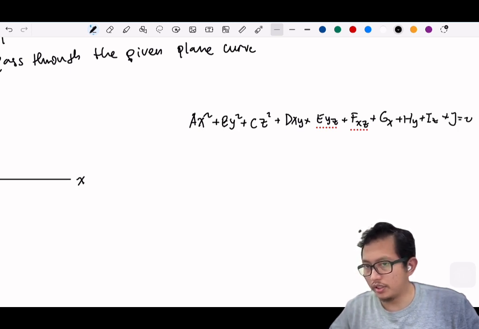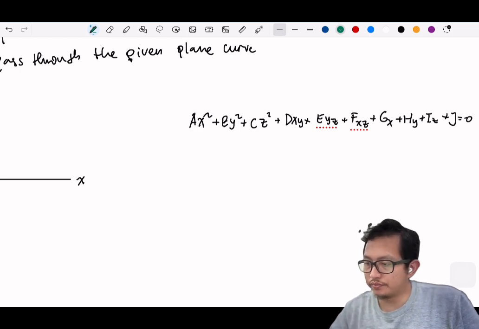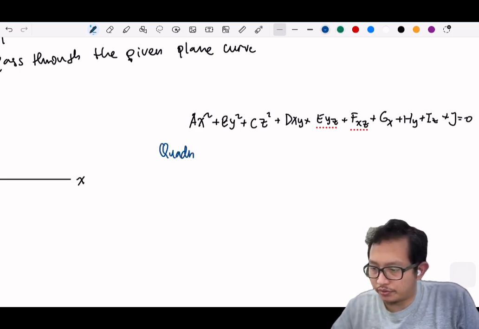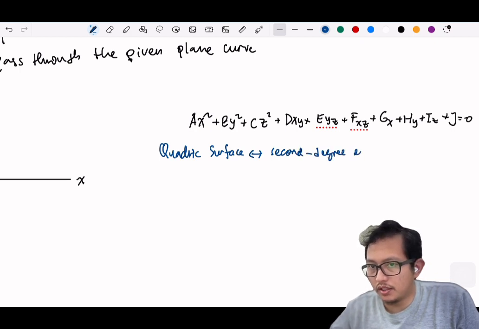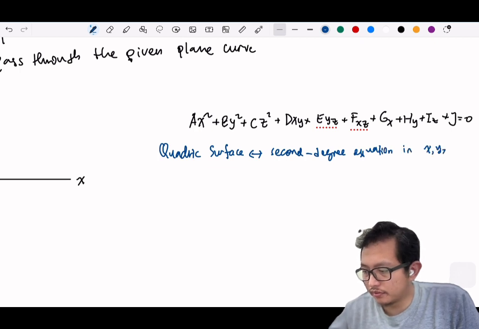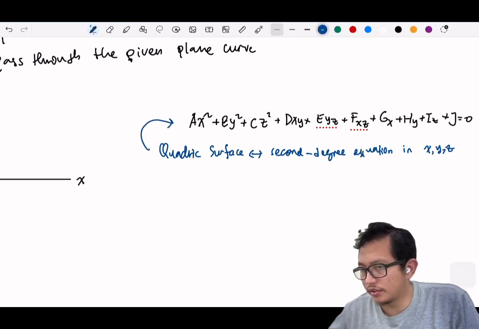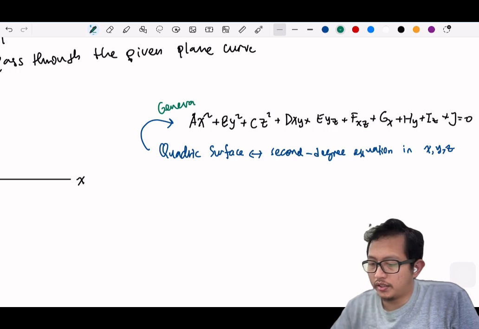We can write it including all the terms with coefficients in x, y, z. This is all the combinations that we have. Okay? So this is the general equation. So a quadratic surface is a second degree equation in x, y, z, and this is how we write the general equation.